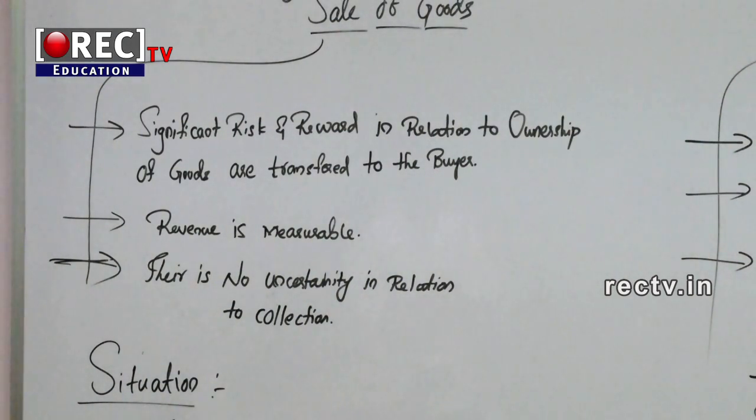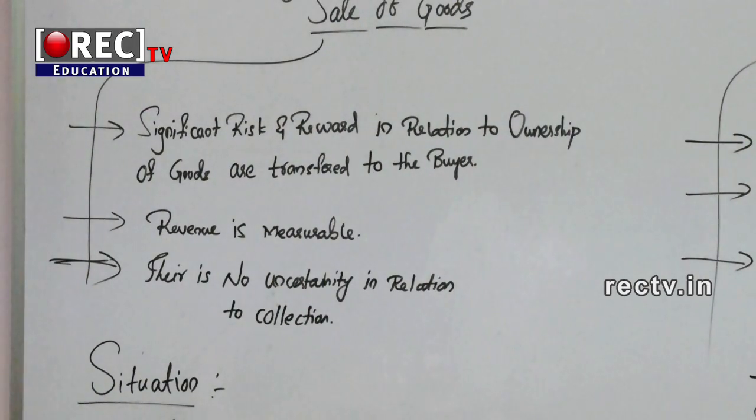So friends, now let us see these 3 points in one example. Now you are going to a shop and you identify a good, and we should think from the seller's point of view. Now the seller sold goods, so the seller should transfer risk and reward in relation to ownership to you. So here the first condition is met.